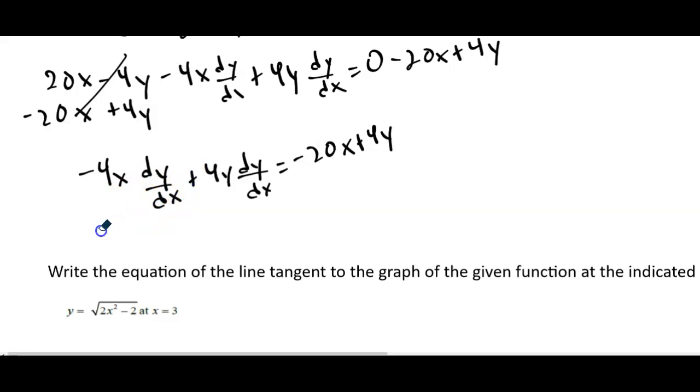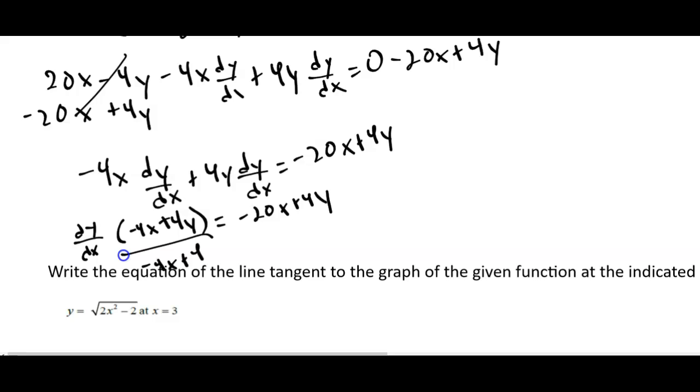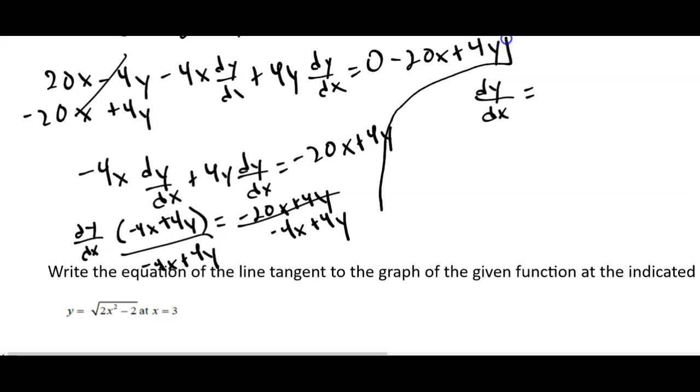And so we're going to factor out a dy over dx. And then we'll divide negative 4x plus 4y on both sides. So dy over dx equals negative 20x plus 4y all over negative 4x plus 4y.